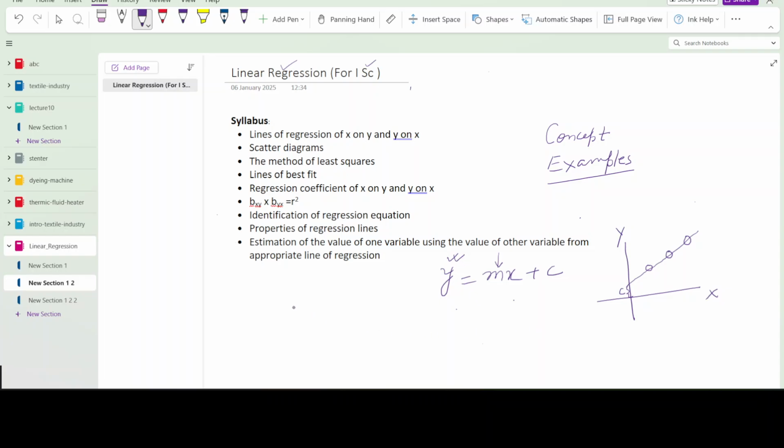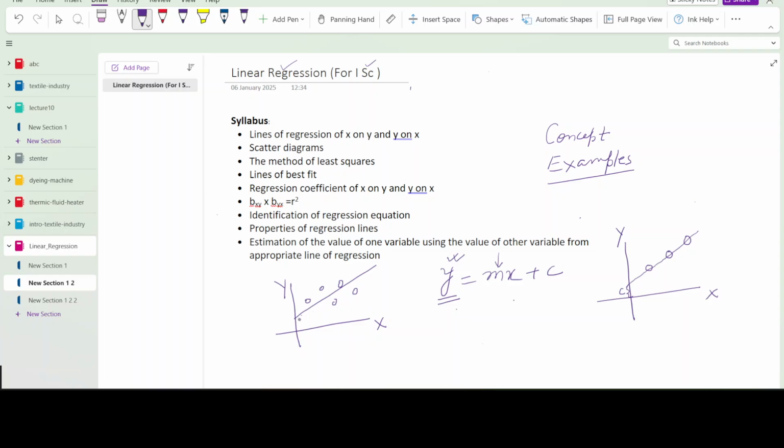But the situation will change when the data we have found after observation are not lying on a single straight line. We will have to fit a straight line to estimate the value of y.